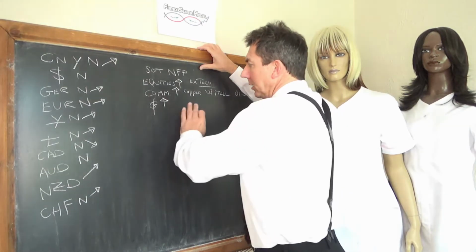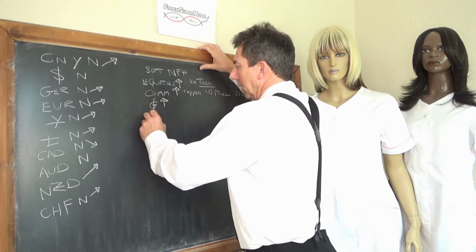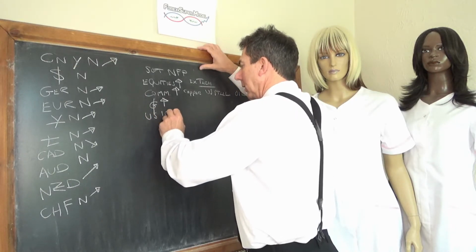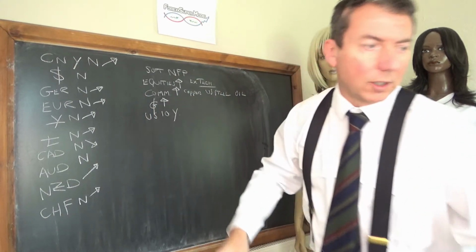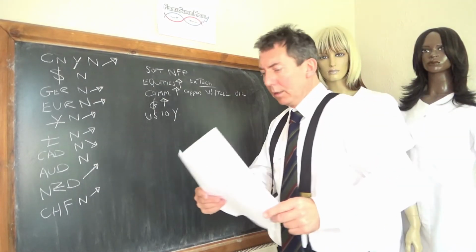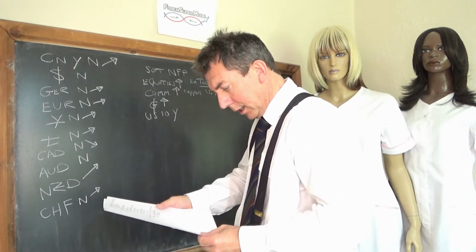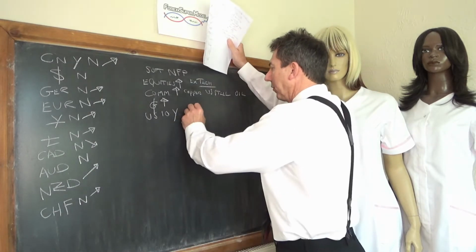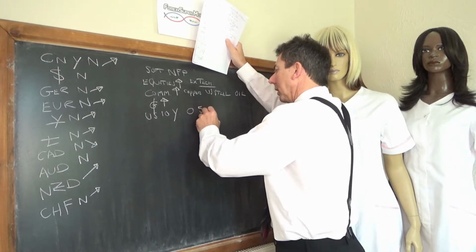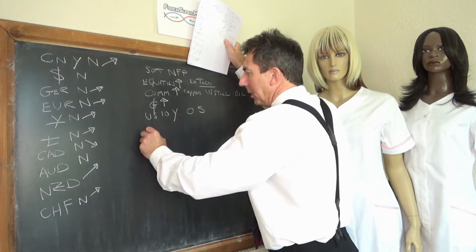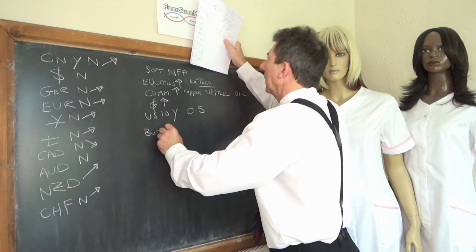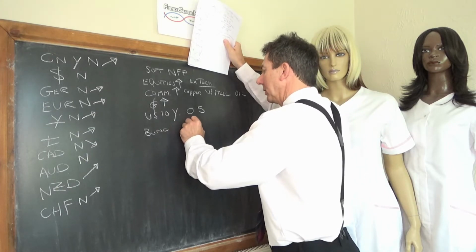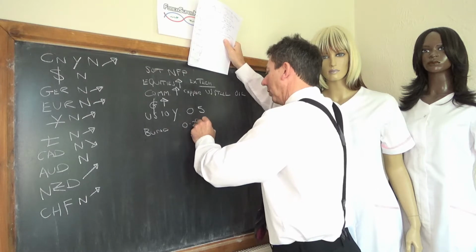And yields, US 10-year. If you look at the US 10-year, it's about half marks. It's 0.5 from the modelled floor and top, and the bund is about 0.28 from the floor.